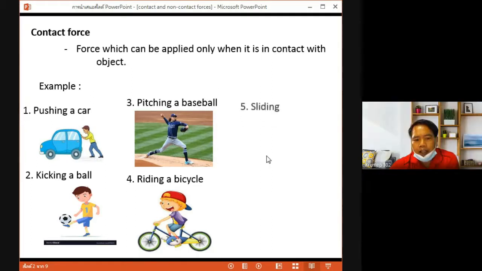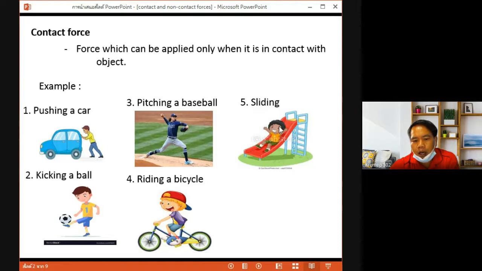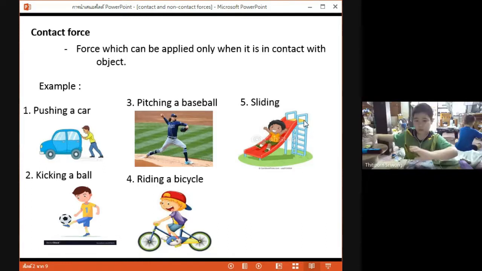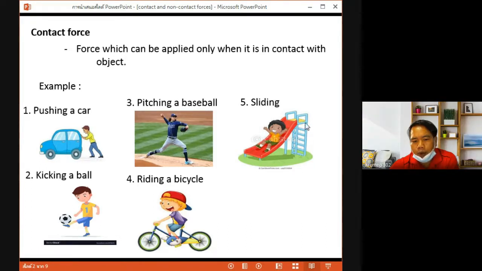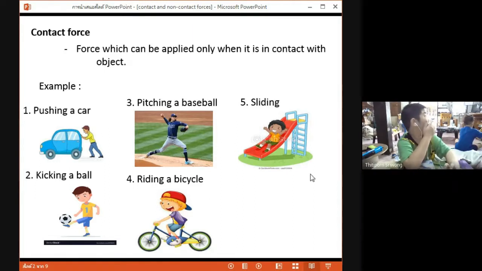Another example is sliding. You can see in the picture a boy is sliding. This is also an example of contact force. The boy goes up, slides, and goes down.